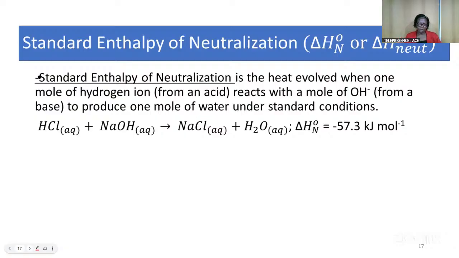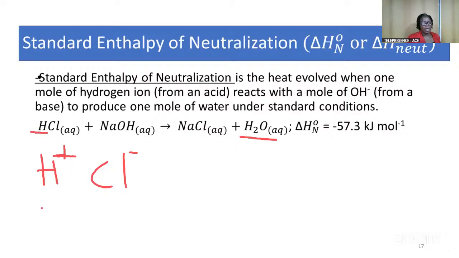And so when you have the reaction between acid and base, you know that that is a neutralization reaction. And it means that you have hydroxyl ion and hydrogen ion coming together to form water. So you have H plus from here because in solution, this is going to ionize. And then you have Na plus and OH minus.